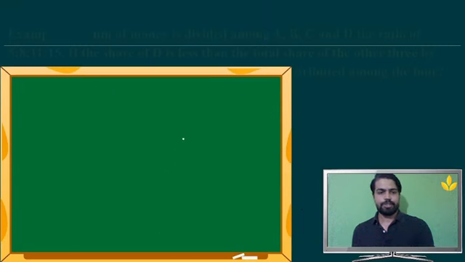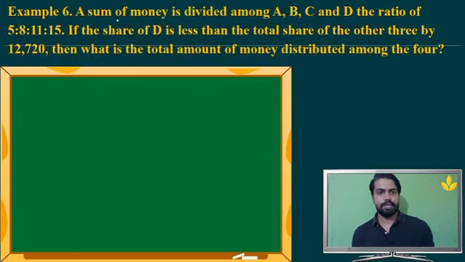Let's go to the next question. A sum of money is divided between A, B, C and D, the ratio of which is 5 is to 8 is to 11 is to 15. That is A, B, C, D. D is less than the total share of the other 3 by 12,720.